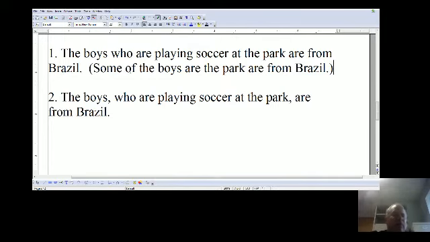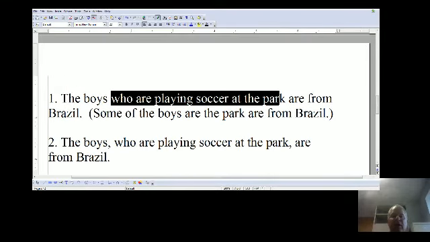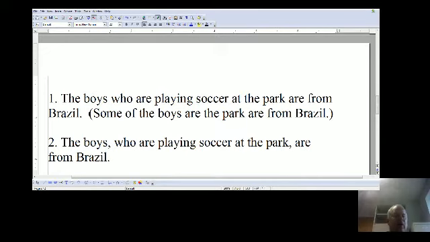There could be some boys who are playing baseball, maybe other boys are running around a track, and other boys who are playing soccer. So by saying the boys who are playing soccer at the park are from Brazil, if you don't use commas, you're saying that this idea here is necessary to identify the meaning of the word boys, right? So the meaning here is some of the boys at the park are from Brazil. That would be the meaning.